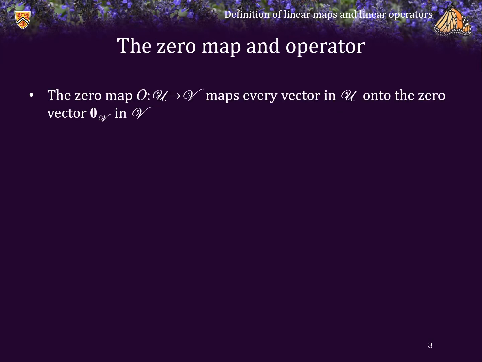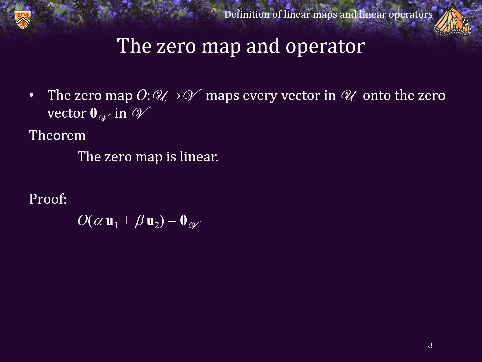Now, the zero map, mapping any vector space U to a vector space V, simply maps every vector in the vector space U onto the zero vector of V. Theorem: the zero map is linear.